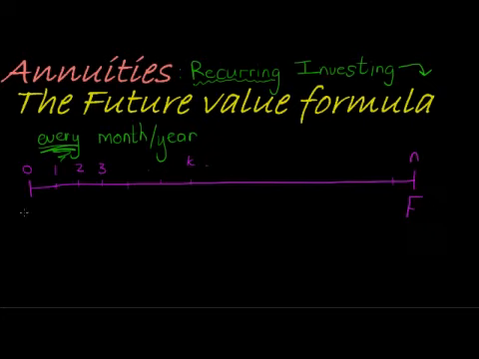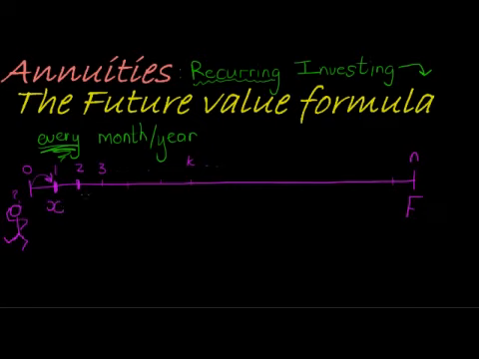Okay, and I'm standing here at the beginning of my time period. Here I'm thinking to myself, I want to make an investment, and at the end of this investment, I want to know how much it will be worth. If I start at time 1, the end of my first month or first year, I'm going to invest a certain amount.